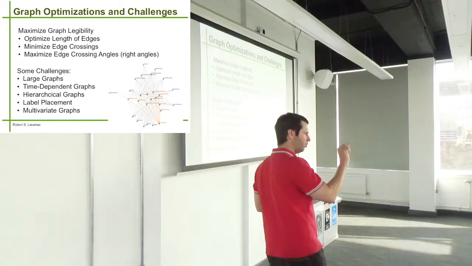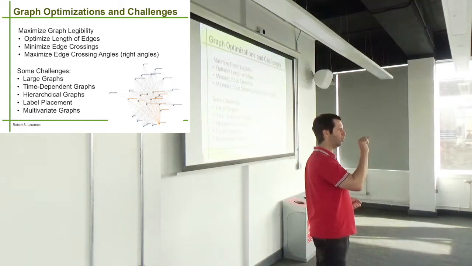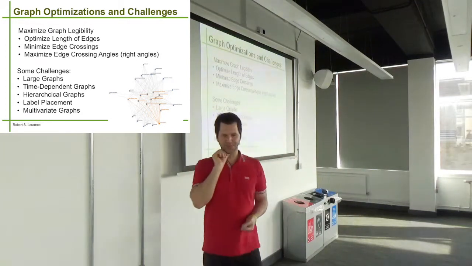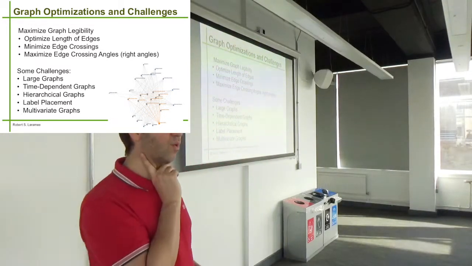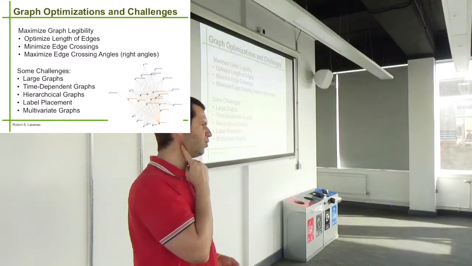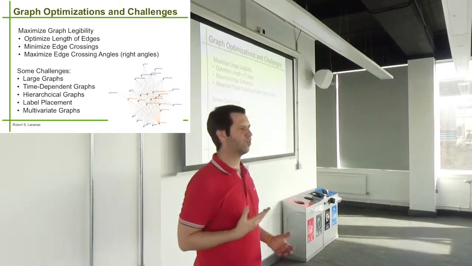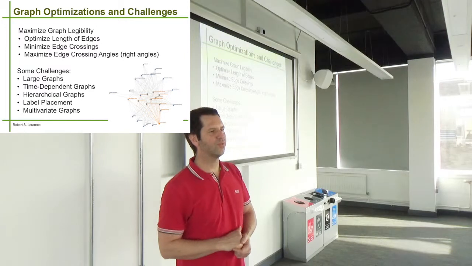If you want to put labels against all the nodes or even against all the edges, where do you put the labels? And then how do you represent multivariates or more than one variant in a graph? These are the big open graph challenges. Small univariate graphs that are static are kind of a solved problem.